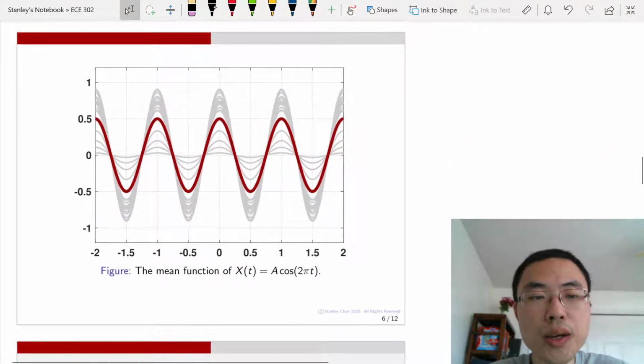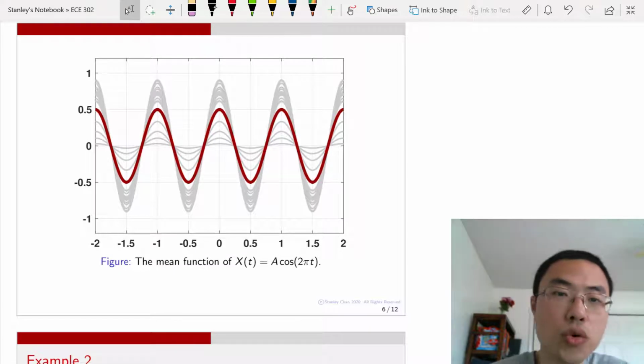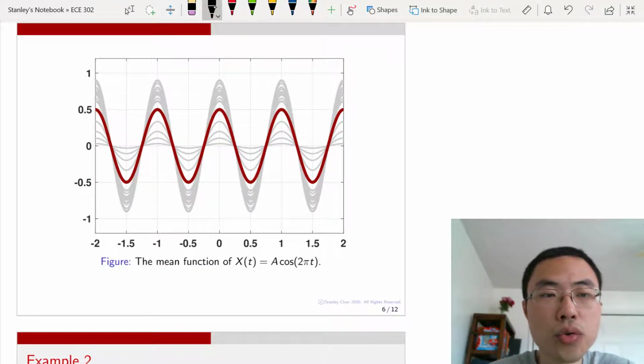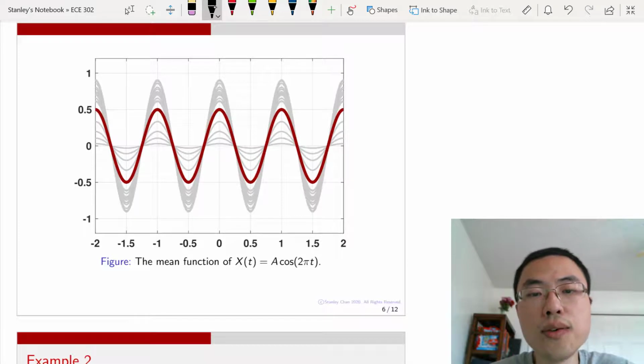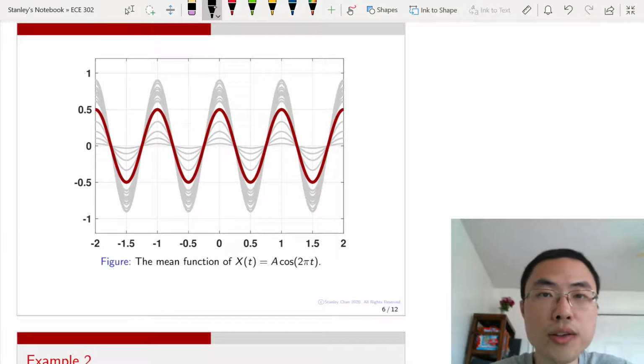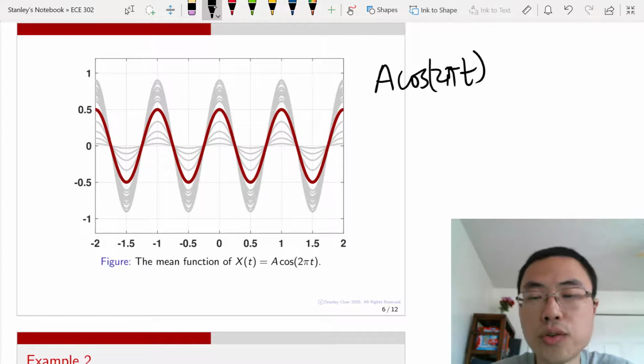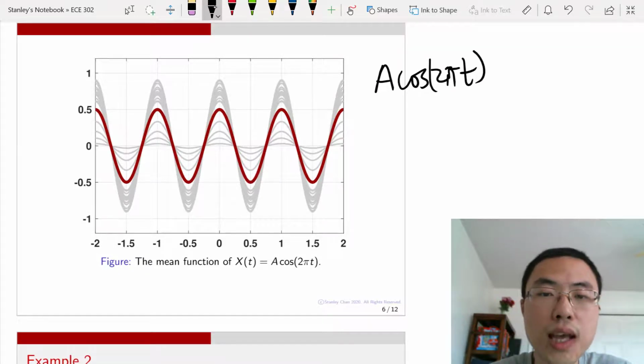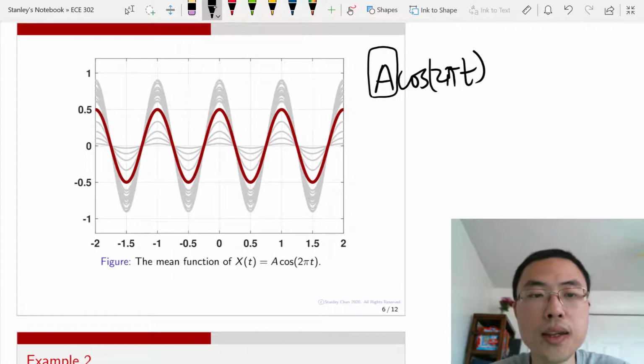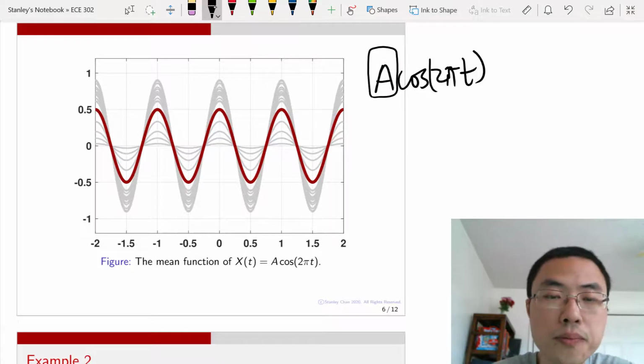And here is a pictorial illustration of what is going on. The gray curves represent all the possible realizations that you can draw from this function a cosine 2 pi t. They are all functions of this cosine 2 pi t, but the amplitude is different. This amplitude is given by this random variable a, and so you have different heights. Now, what is the average?